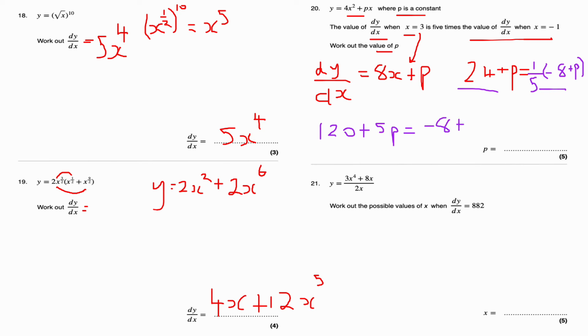Okay, subtracting p on both sides, solving the equation, I get 120 plus 4p is equal to -8.